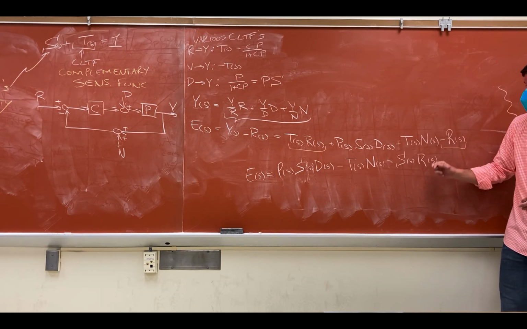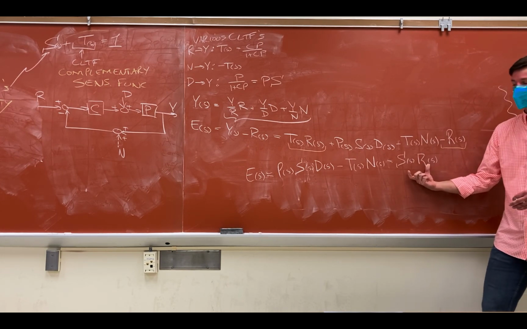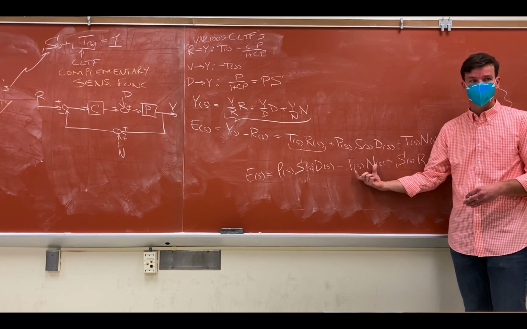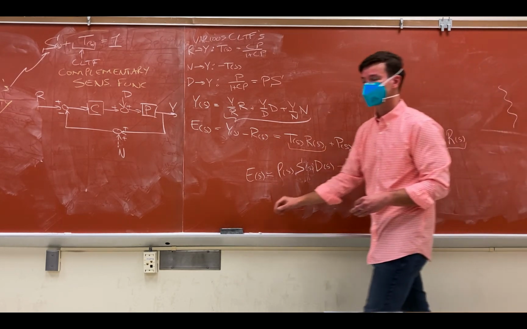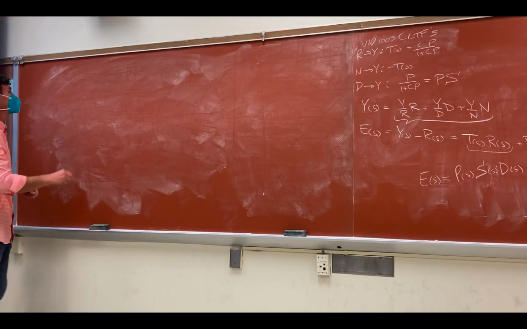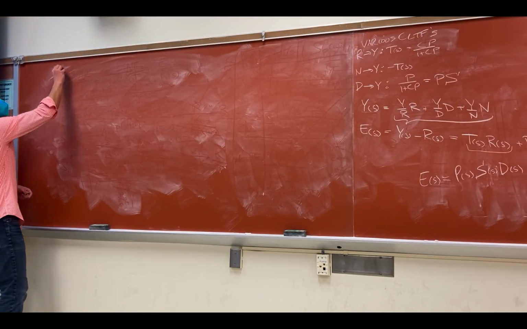But maybe I can make it good for some frequencies here and some other frequencies here if we go over to Bode land. Let's go there. So we have the result for the relationship.